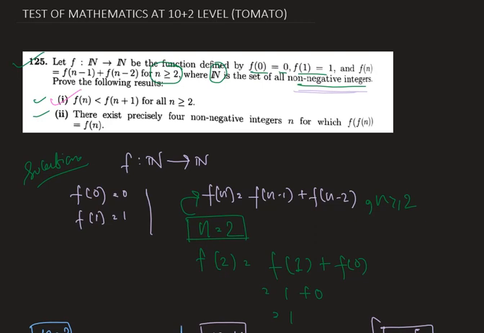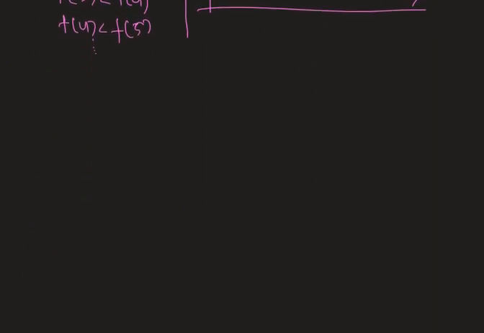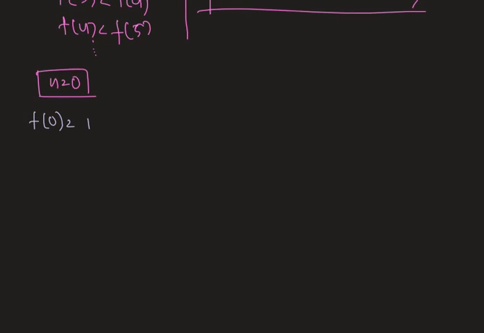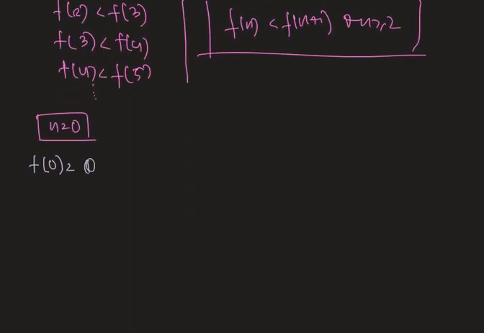Now let's check whether there exist the non-negative integers n for which f(f(n)) is equal to f(n) or not. As we can see, for n = 0, we get f(0) = 0.